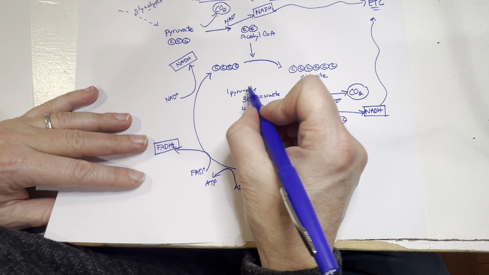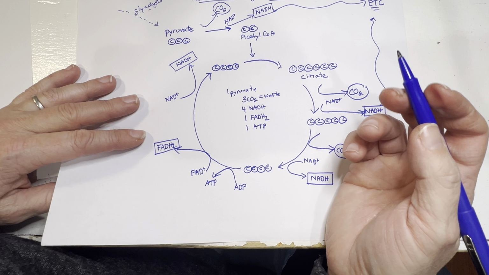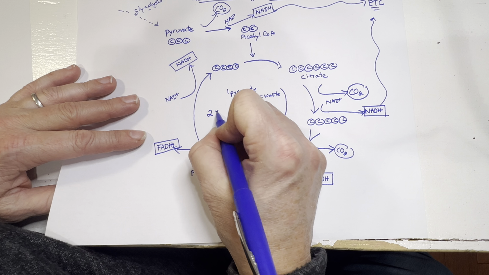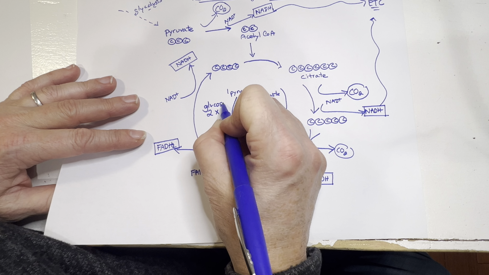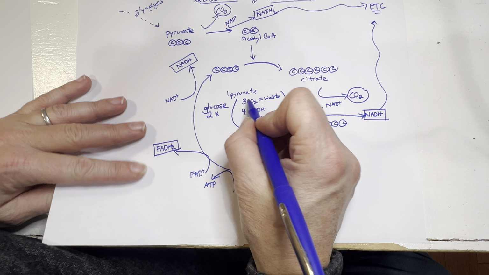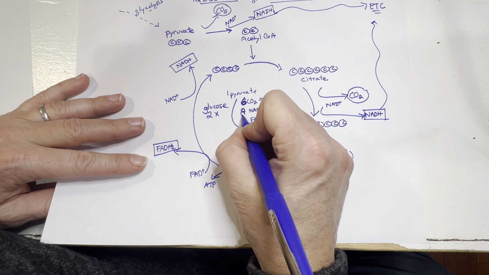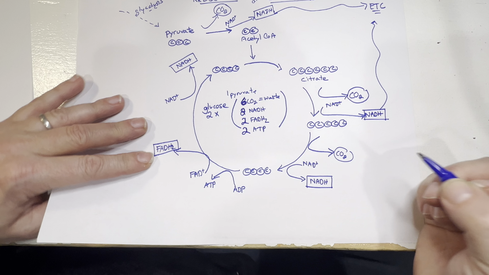Now, thinking back about this pyruvate, one pyruvate is only equal to half of a glucose. So the reality is all of this has to be multiplied by 2 if we're talking about a glucose molecule. So glucose times 2 is going to mean that we have 6 carbon dioxides as wastes. We have 8 NADH, we have 2 FADH2, and 2 ATPs.